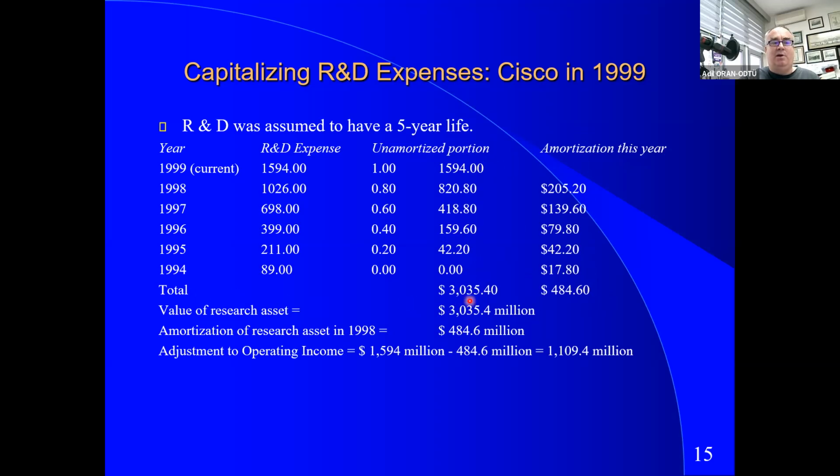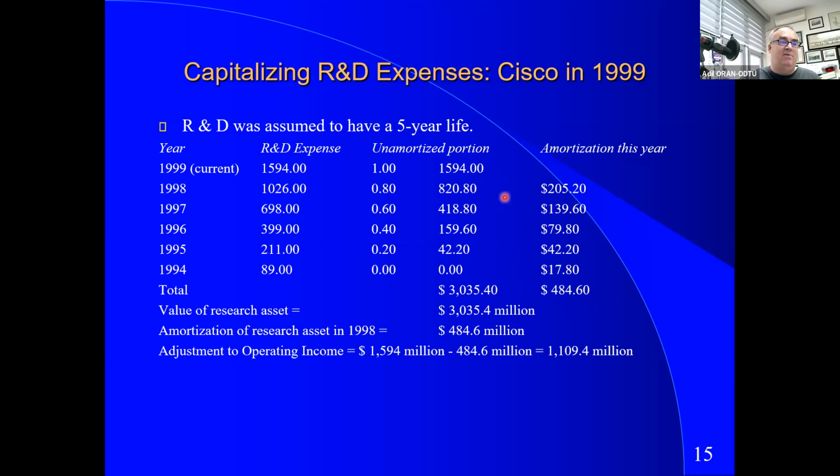So assets are going to go up by about 3 billion for Cisco, and 484. This is how much expense is going to be in the income statement of the company. But keep in mind, this is going to be taken out. This is going to be added to expenses. So this is taken out from expenses. It's an operating expense. This is added as another expense.